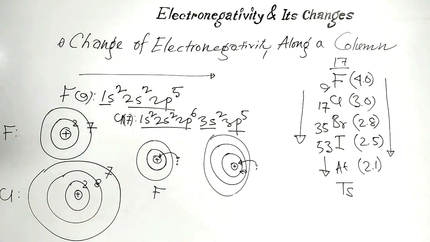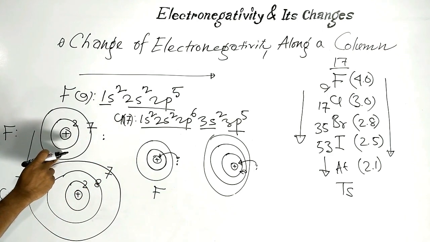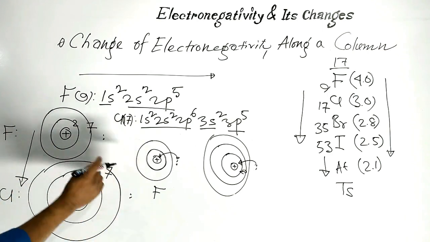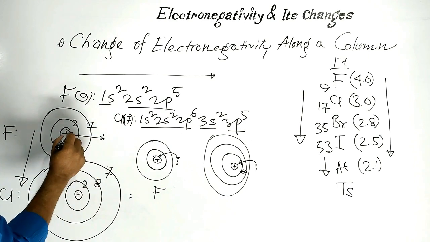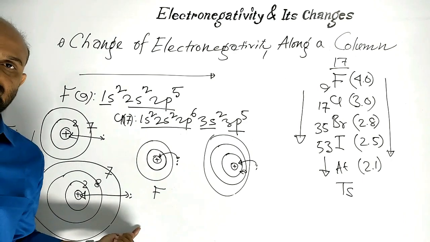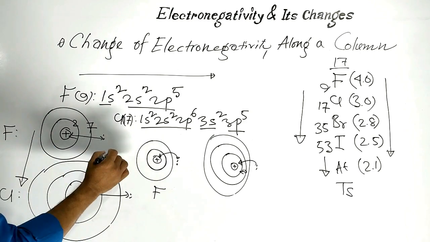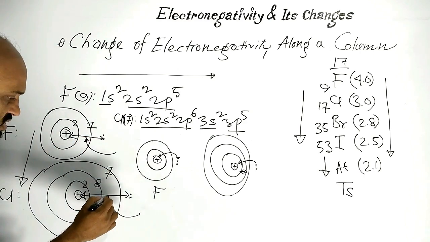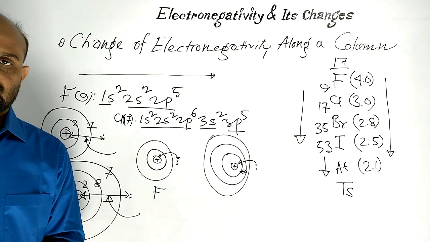Number 2, if we move from top to bottom, atomic sizes increase. When atomic sizes increase, the distance between the covalently bonded electrons and the nucleus increases.